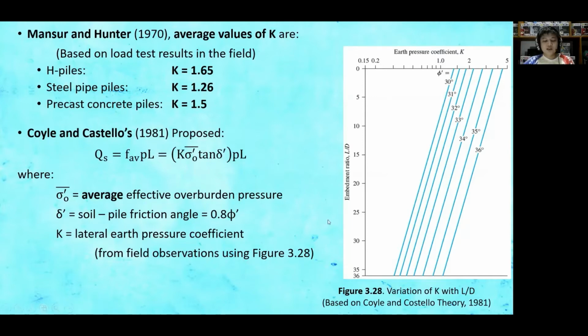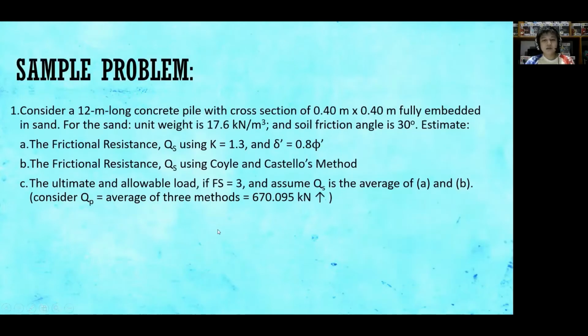Thus for this theory, Q sub S is equal to K times sigma O prime bar times the tangent of, updating now our delta prime as 0.8 of phi prime, times P times L. For our sample problem, consider a 12-meter long concrete pile with cross-section of 0.4 meter by 0.4 meter fully embedded in sand.